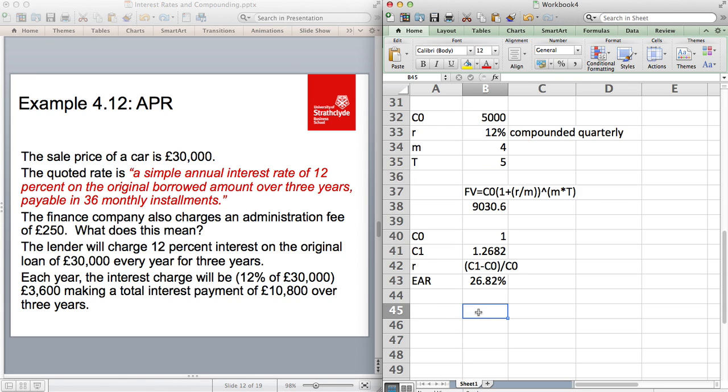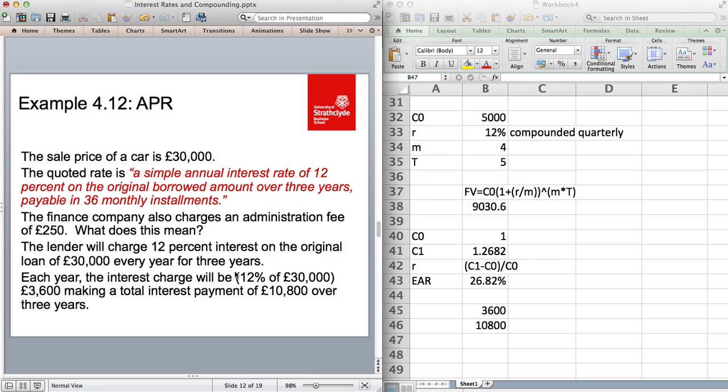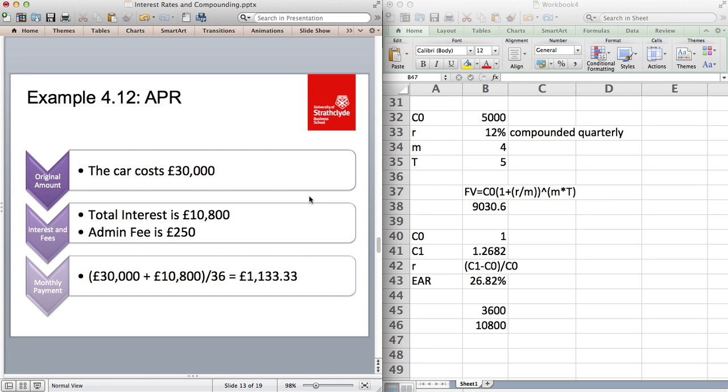What is 12% of 30,000? 12% of 30,000 is equal to 3,600. So over 3 years it is 10,800. So you're being charged 10,800 in interest over 3 years. Let's get all the figures together.